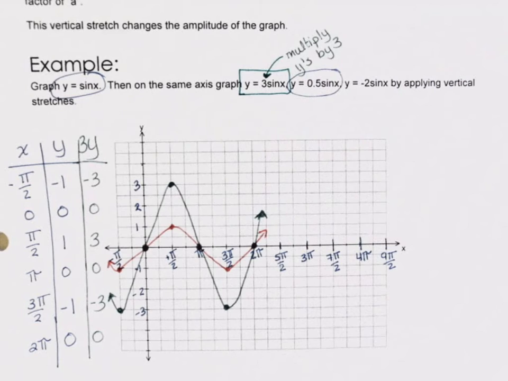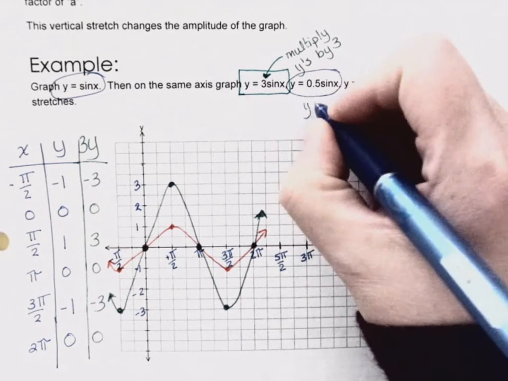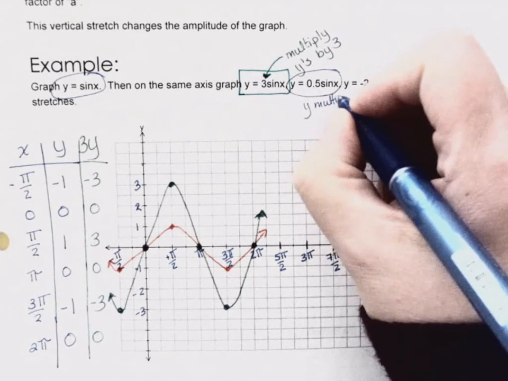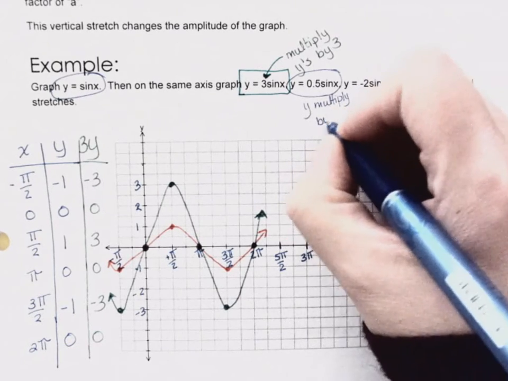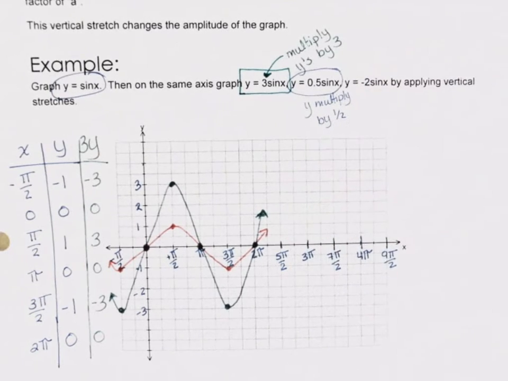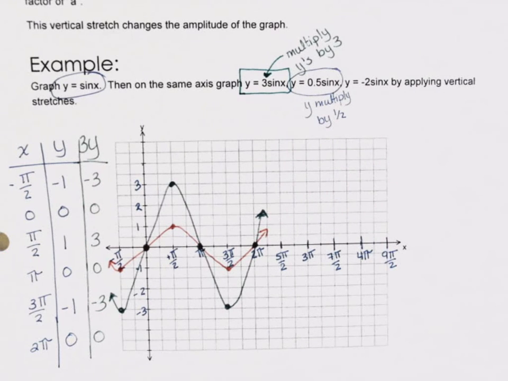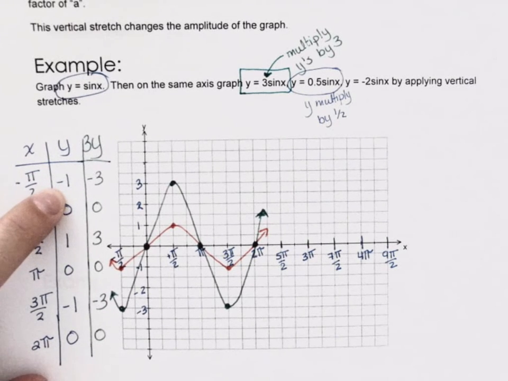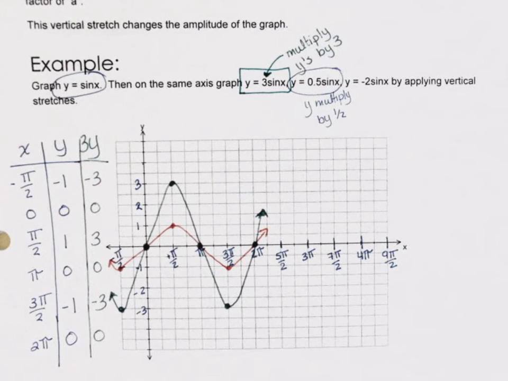Okay, what's happening with this next graph? So y values, we're multiplying them by a half. So what do we anticipate with this graph? It's going to be squishy. So can I do this one without a table of values? I think we can, but you need to follow along so I don't lose you.